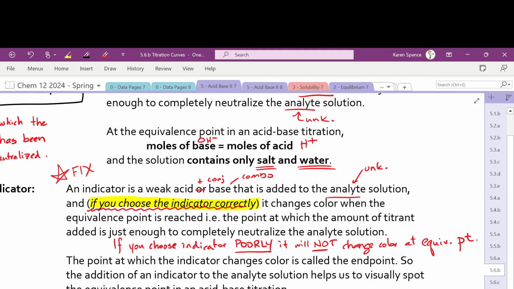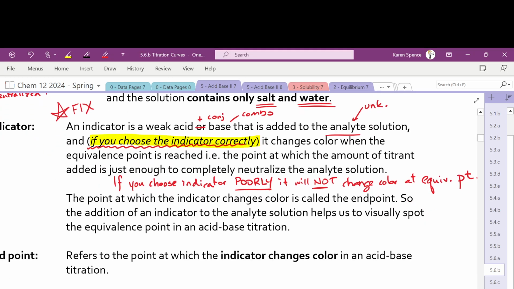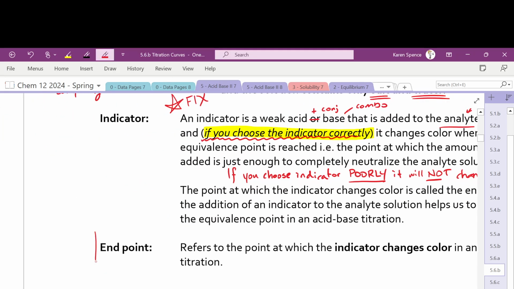It's called the transition point. It is also called the end point. If you choose your indicator well, the end point and the equivalence point will be at the same point. If you choose it poorly, they will be at different points.